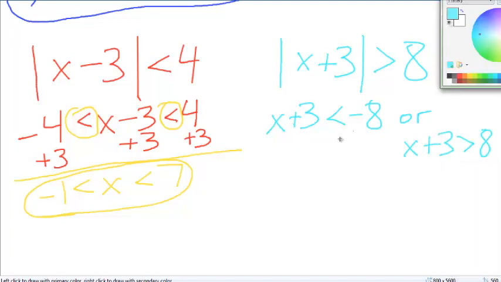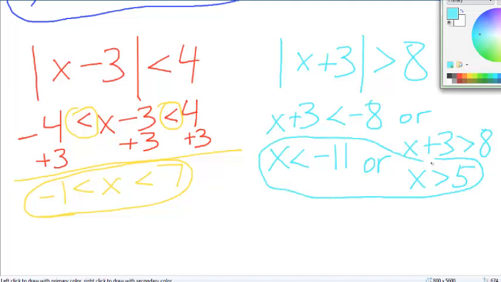So here again we subtract 3, we get x is less than negative 11, or subtract 3, x is greater than 5. And there's our answer. So if it's greater than, the distance is outside, so we end up with or, with a less than and a greater than. If the absolute value is less than, it becomes between, an and type statement, where it's between these two values.